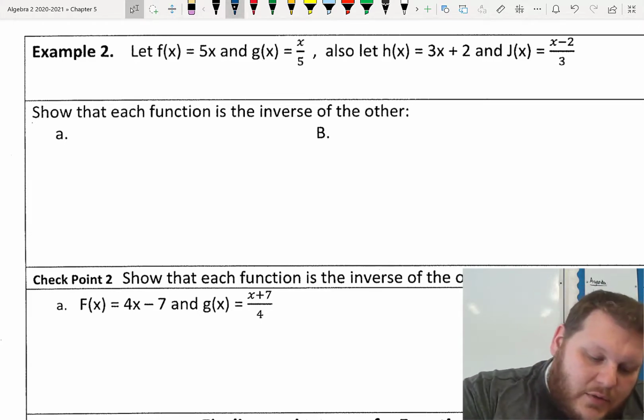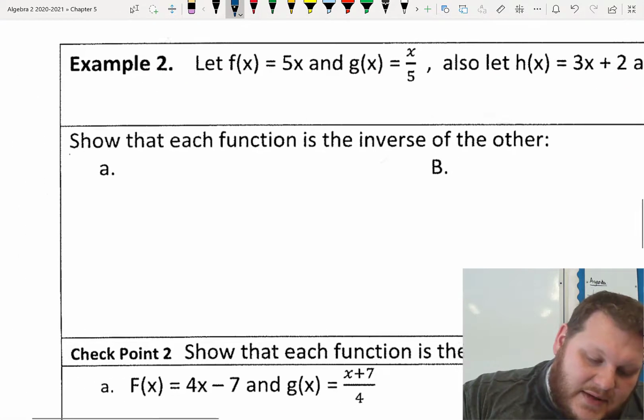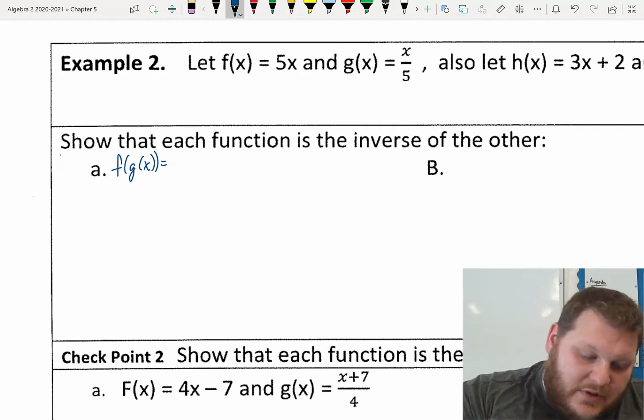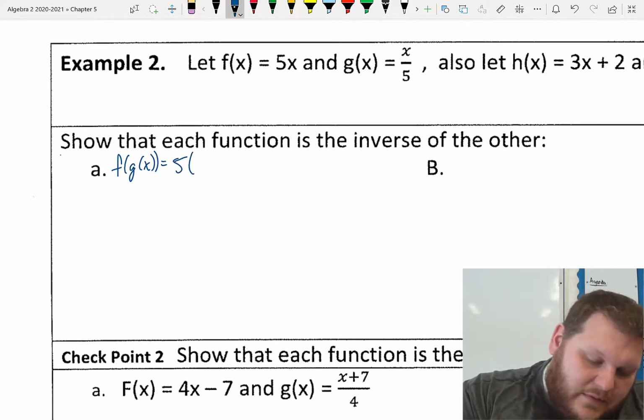The way that we'll do that, I'm testing first to see if f of g of x gives me an x back out. So in this case, f of g of x gives me 5 times x over 5.